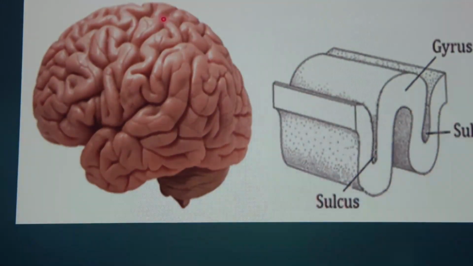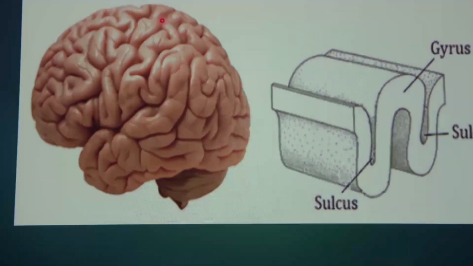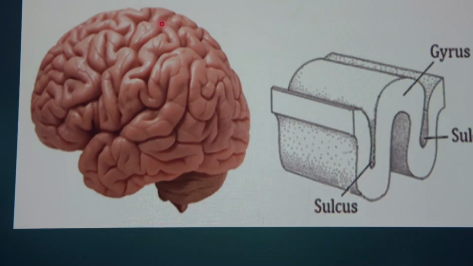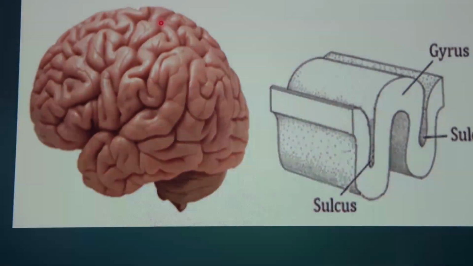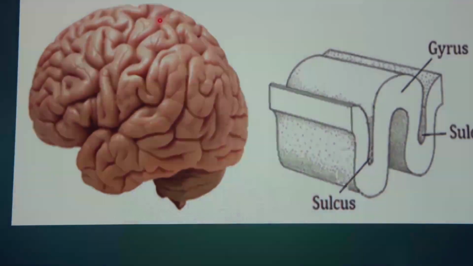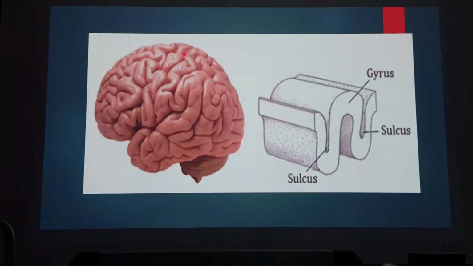What is the advantage of this? It clearly increases the surface area of the brain by at least 3 folds, which means increasing the function of the brain by 3 folds. And this is actually the difference between the human brain and other mammals' brains.